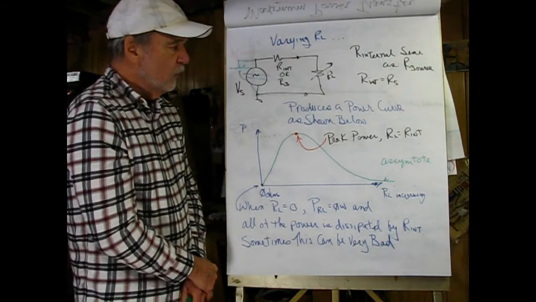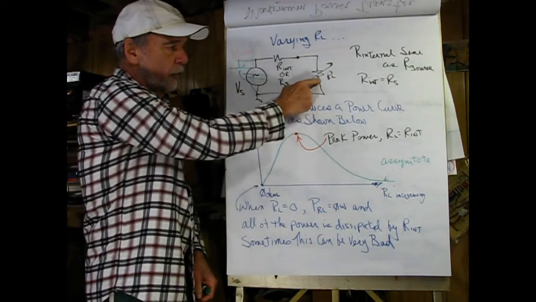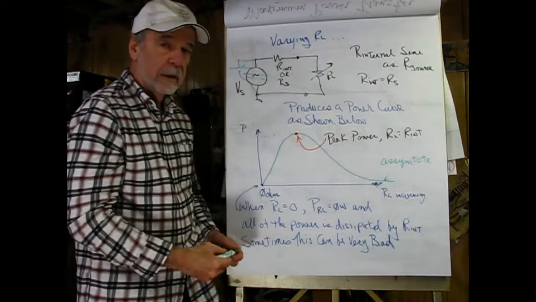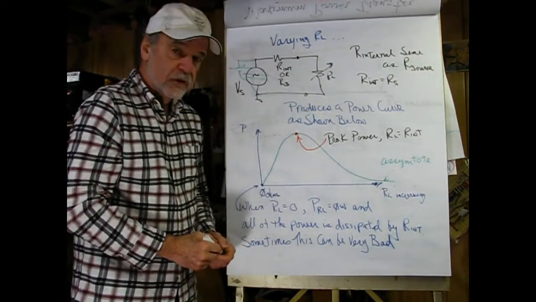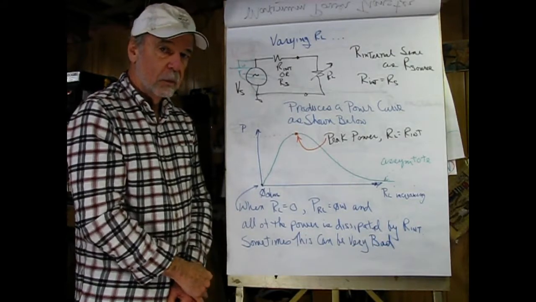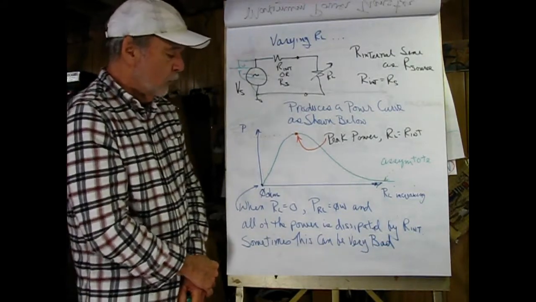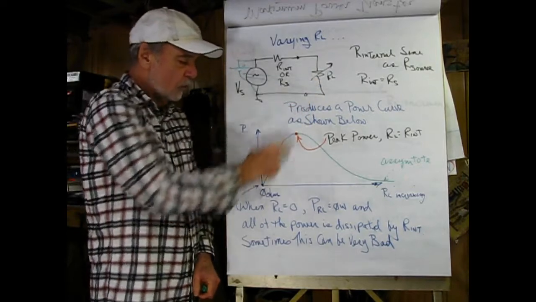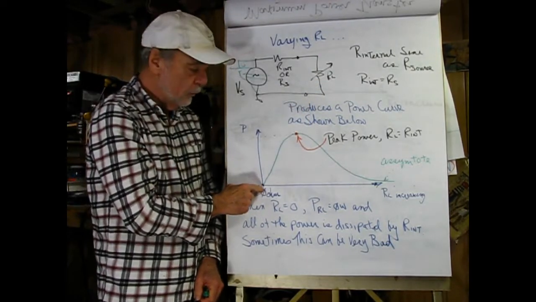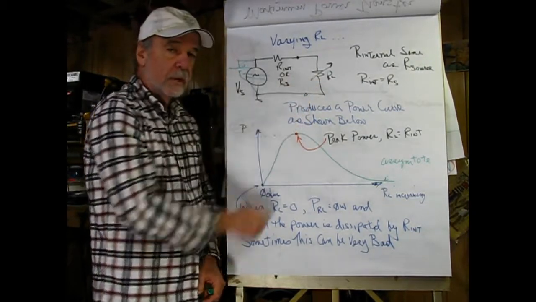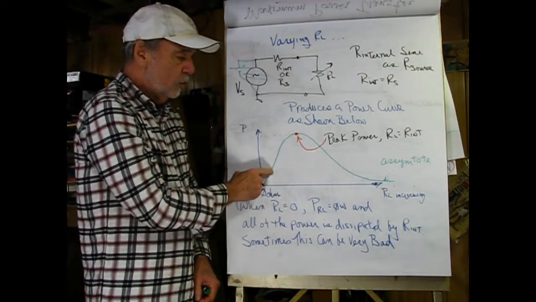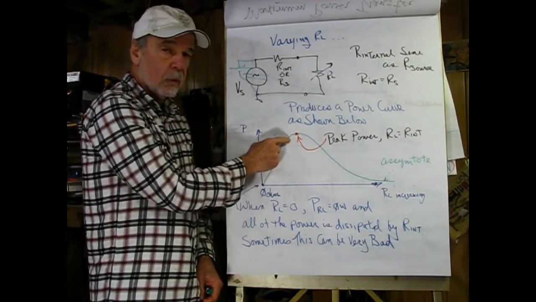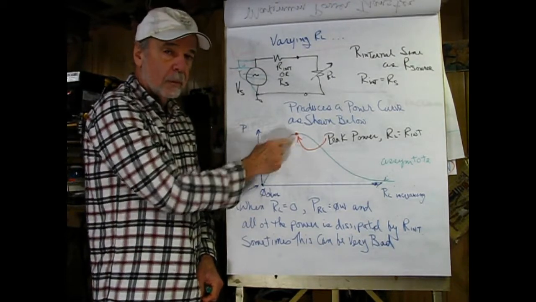But as we adjust this, and this is a symbol for an adjustable resistor, a potentiometer wired as a rheostat, what we find is that when the load resistance is 0 ohms, there's no power dissipated in it, which would make sense. As we increase that resistance, the power will increase, and then it'll hit a maximum point.